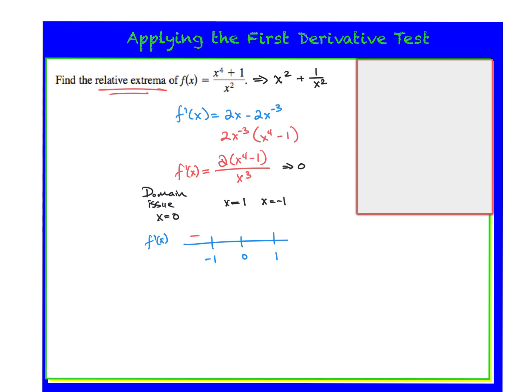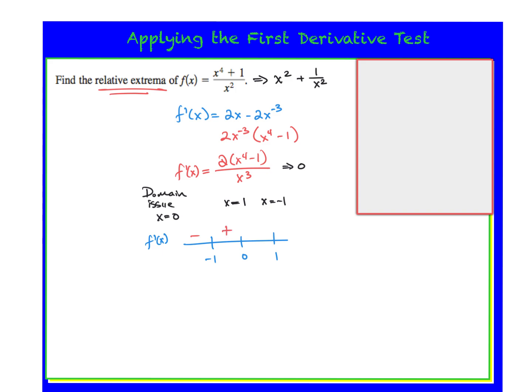Then let's pick something between negative 1 and 0, like negative 0.5. Negative 1/2 to the power of 4 is 1/16, which is less than 1, so this part becomes a negative over a negative, which makes a positive.